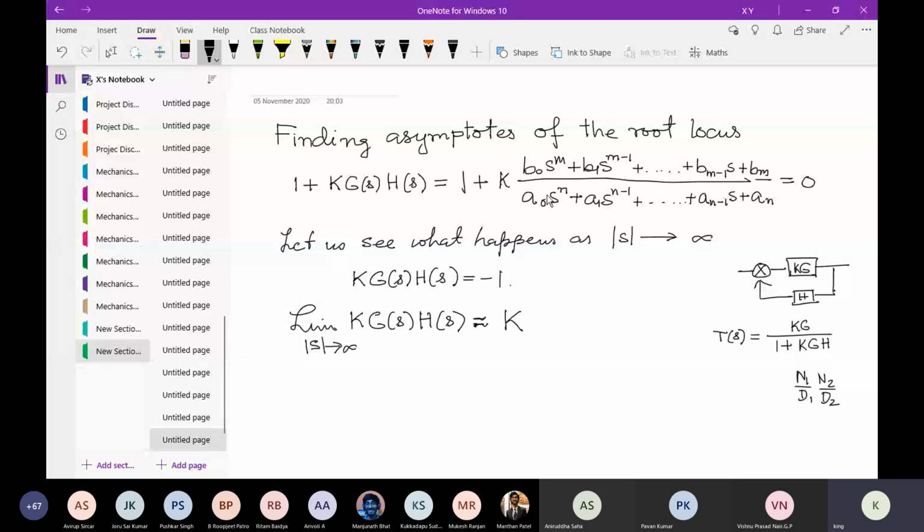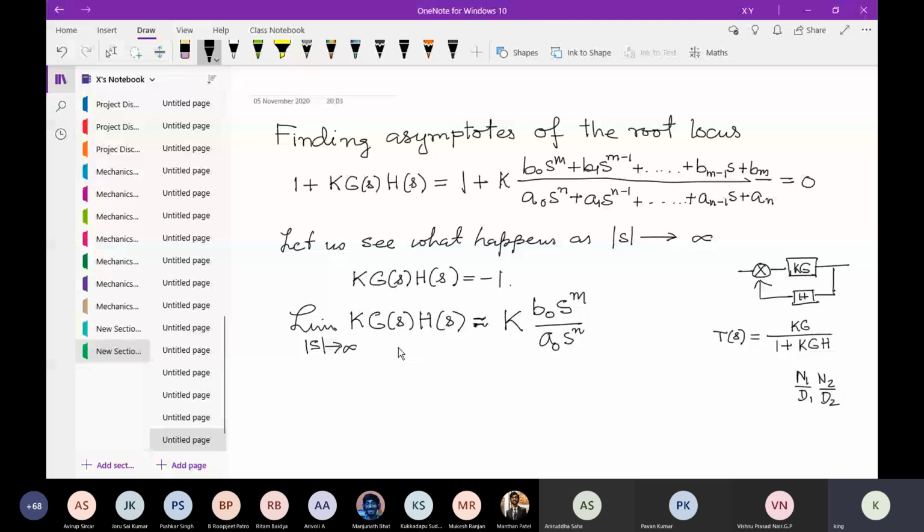So we will not go the usual route. We will first consider the one significant term and then two significant terms. Let me finish, and then if you have some doubts, I will clarify them. See, our one approximation can be b0 s to the power m by a0 s to the power n. Let us say s is tending to infinity.